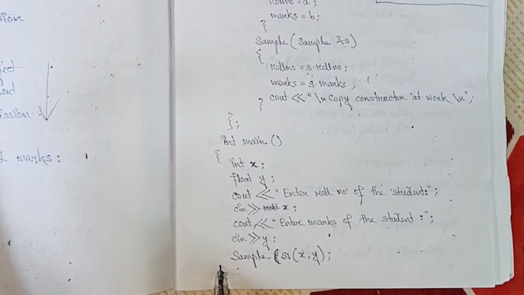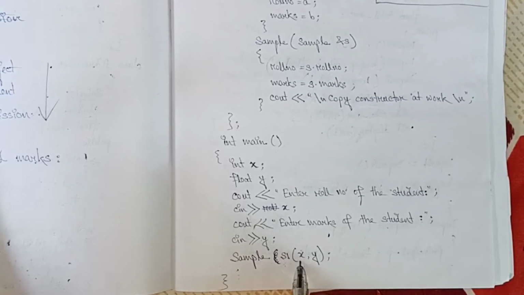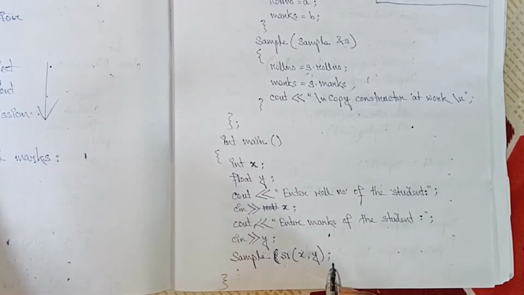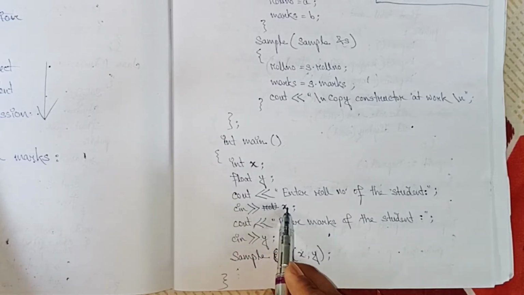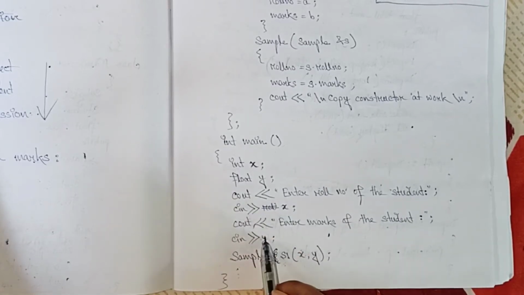In the earlier examples, whenever we defined the object of a class, we provided the values along with it. When we define the object, along with defining it we provide the parameters, and it invokes the constructor. But here you see, we are giving the variable names, not the values. We are giving X and Y, the variables.